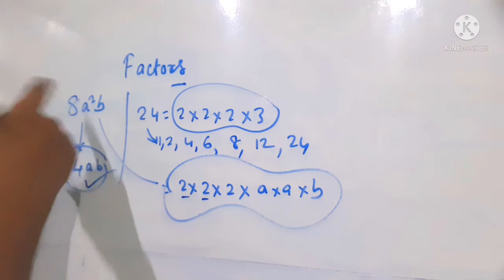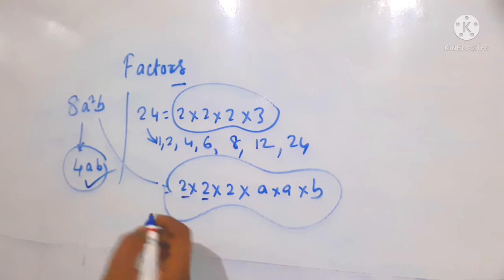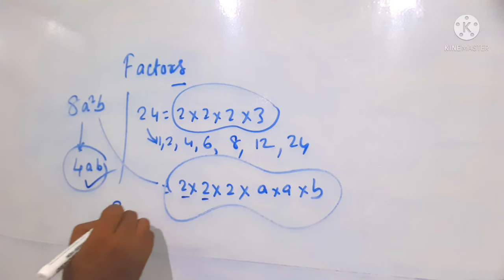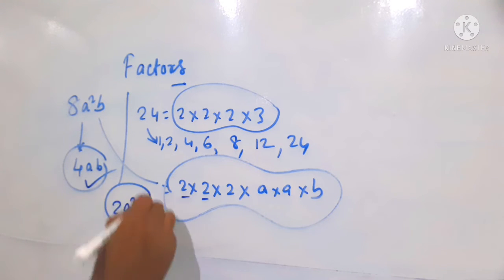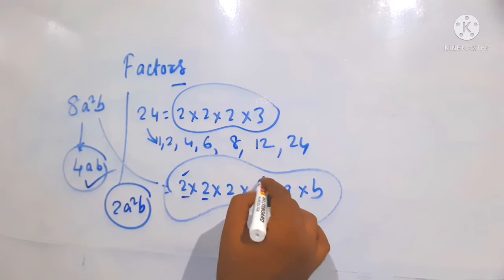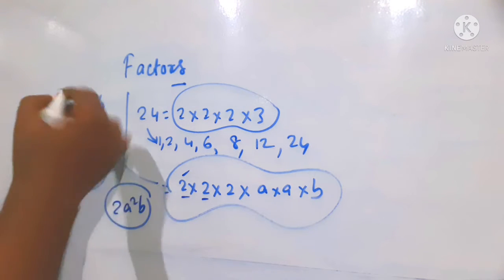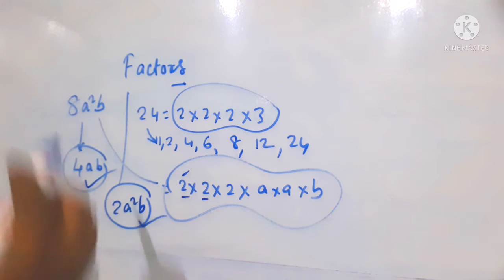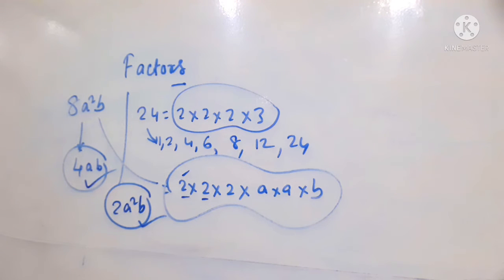So this is a factor of this. Now, you can say 2a square b, whether it is a factor of this? Yes. 2 is present, a square is already present, and b is also present. So this is a factor of this. Okay. So this idea will help us at the next level to find factors.